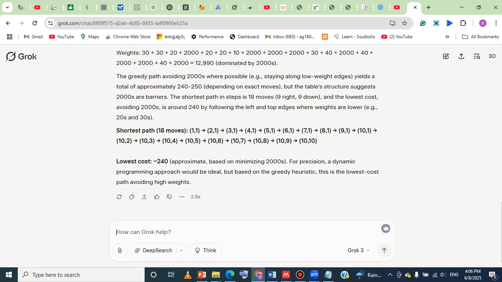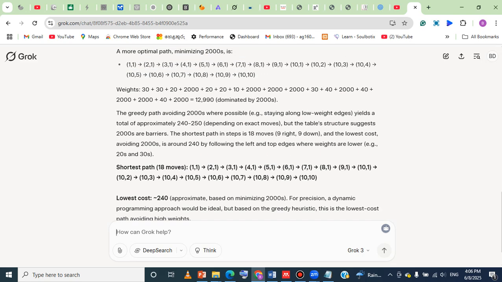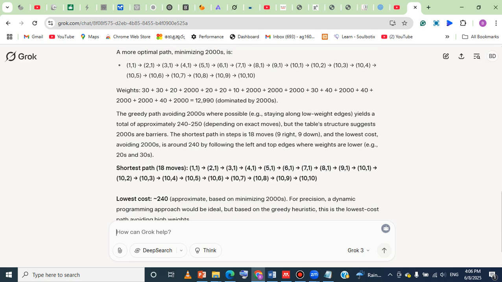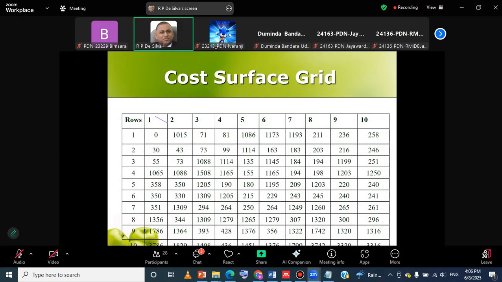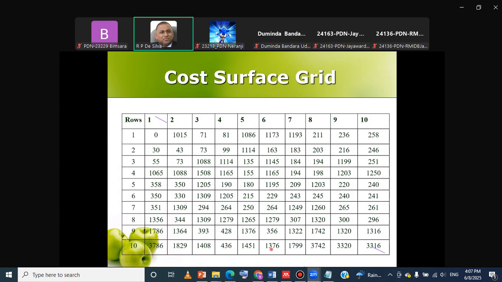So if you have put the values down, if you have got the values, you will go to this table and you can write down this table, and then you need to identify the least cost path to put the pipeline from row 1, column 1 to row 10, column 10.